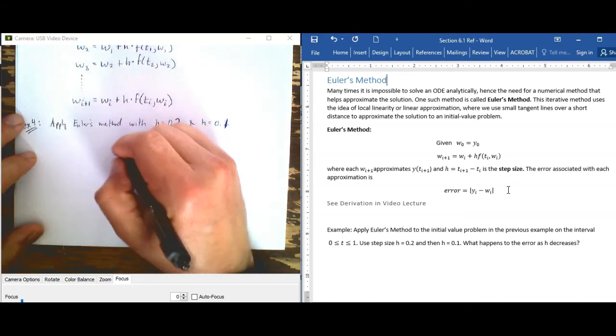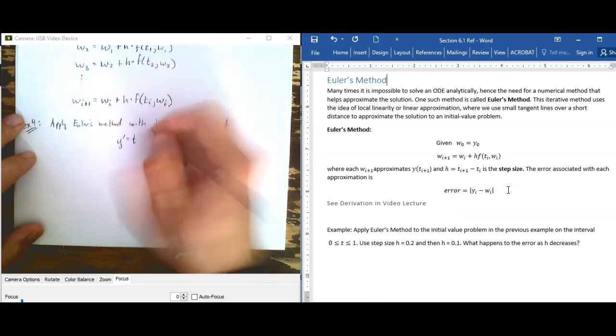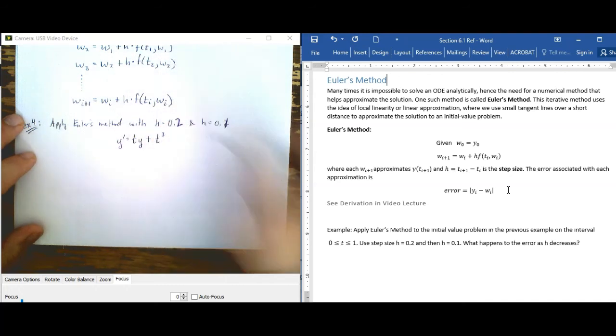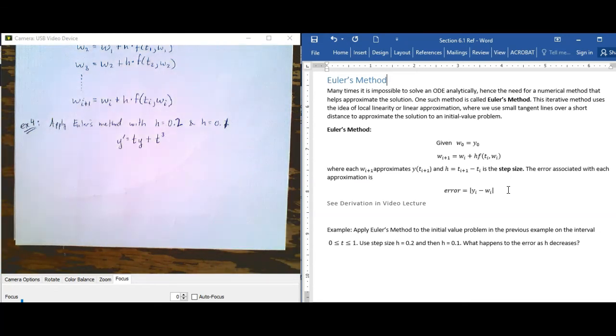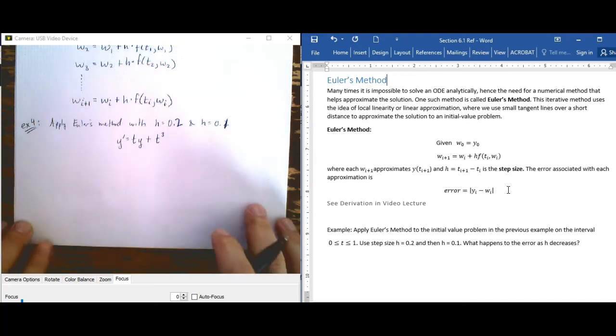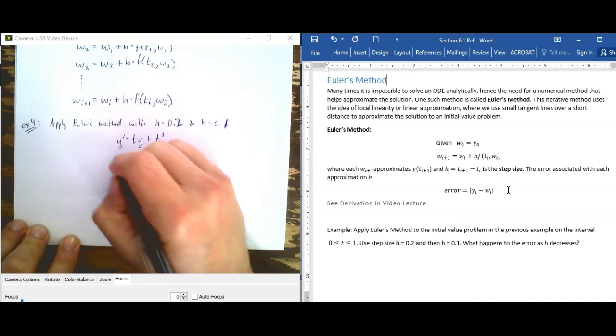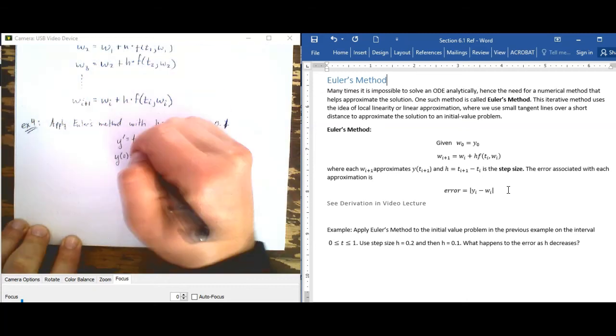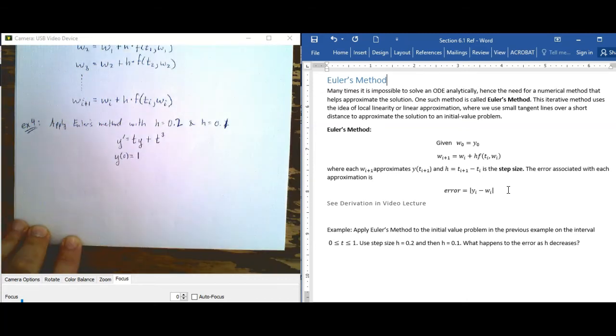So our initial value problem was y prime equals t y plus t cubed. The initial condition was y of 0 equals 1. And we're on the interval 0 to 1.